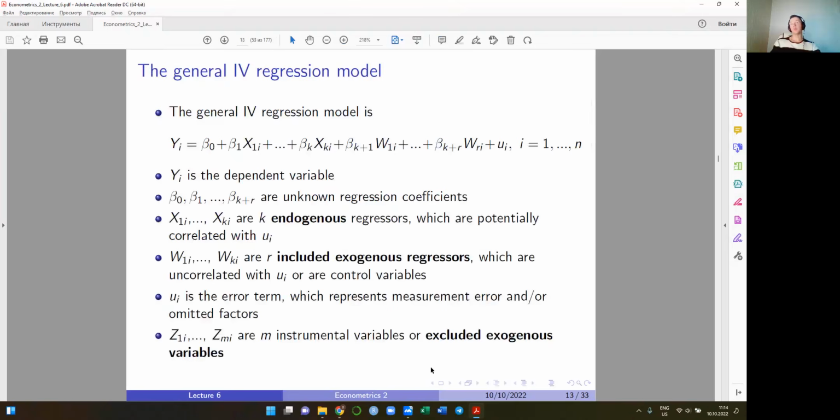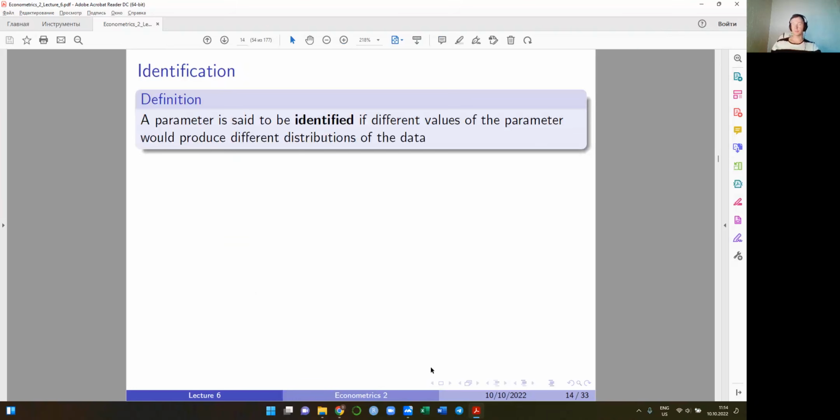Now we need to introduce an important concept, not only in instrumental variables, but basically in many other fields of econometrics, which is called identification. Identification is related to a parameter. In our case, parameters are betas, the coefficients. A parameter is identified if different values of this parameter produce different distributions of the data.